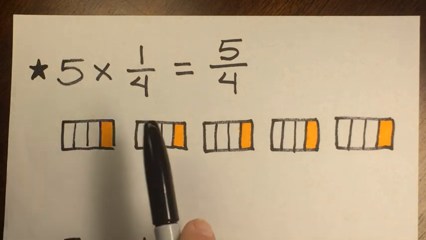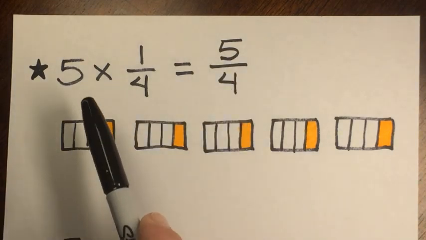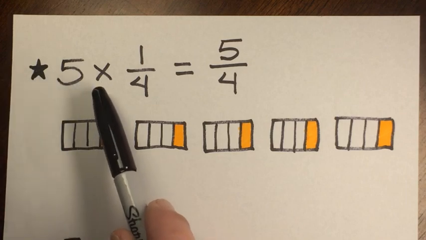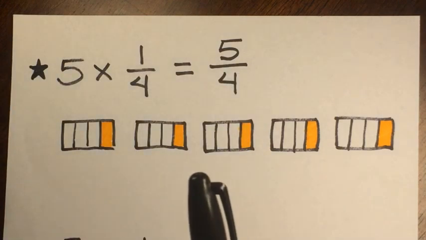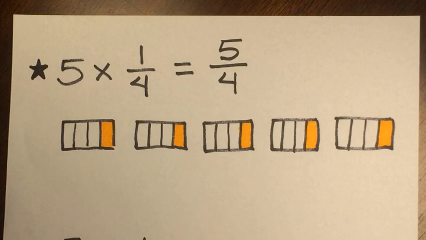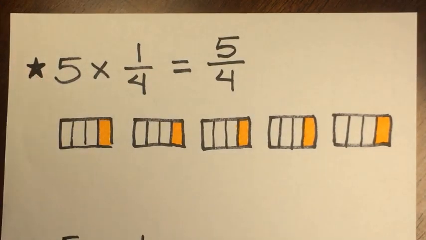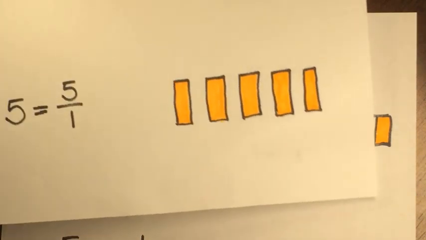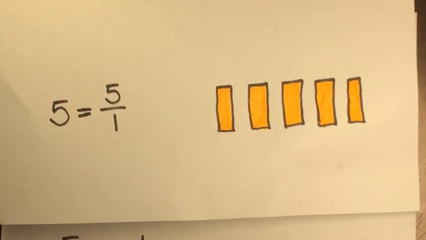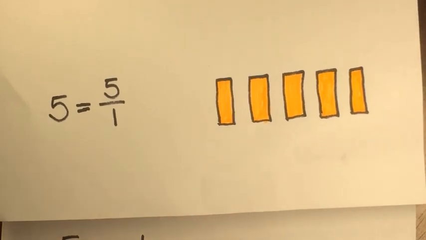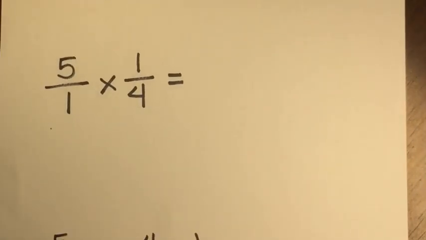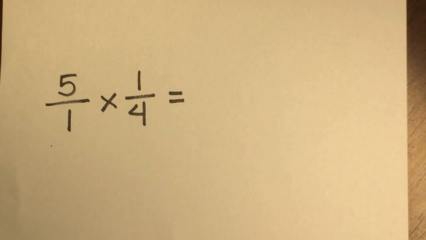All right, so we ended up with 5 over 4 for our original starred problem. 5 times 1/4 is 5 fourths. Taking what we learned over here, we can change this 5 into 5 over 1.